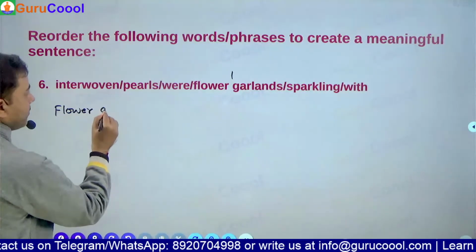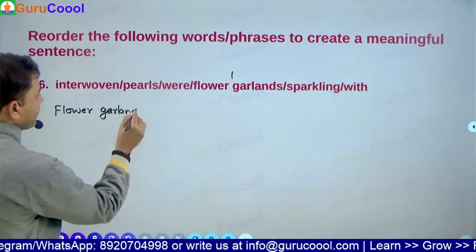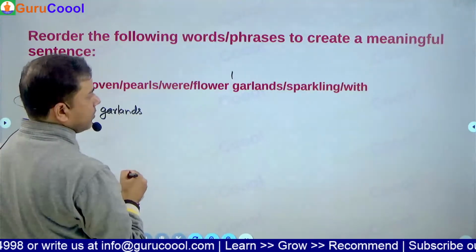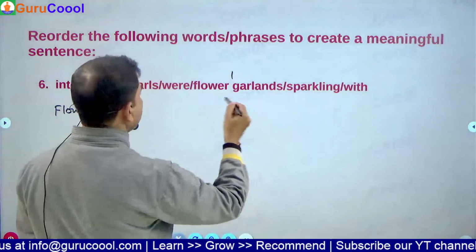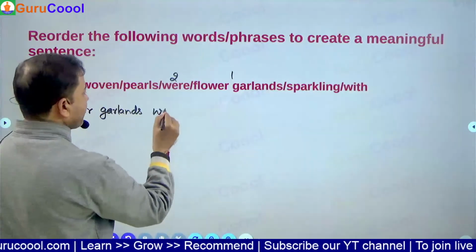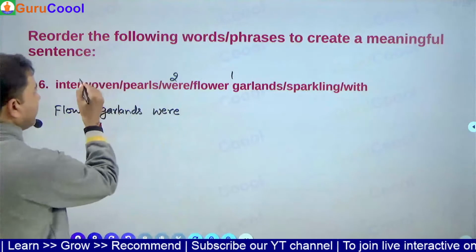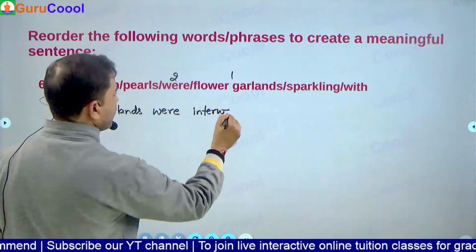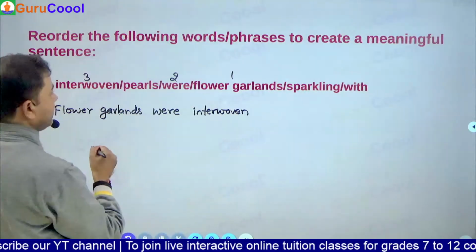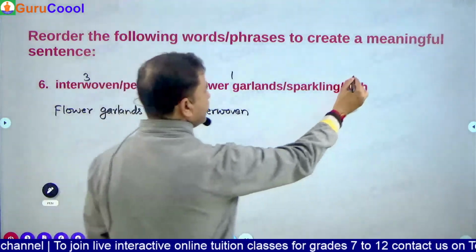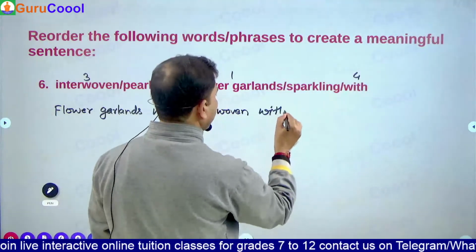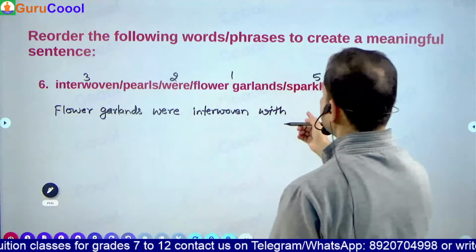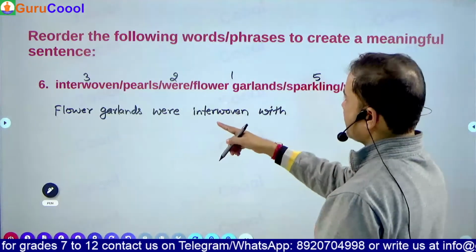Flower garlands were interwoven with sparkling pearls.